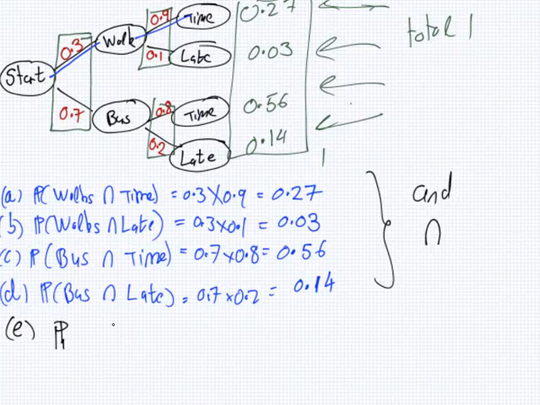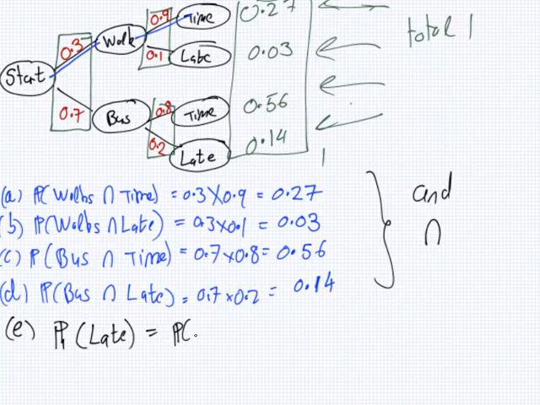So, let's calculate the probability that the student is late for school. So when we think about the student being late, there's two ways that that can happen. The first way is that they walk and are late. Or they take the bus and they're late.